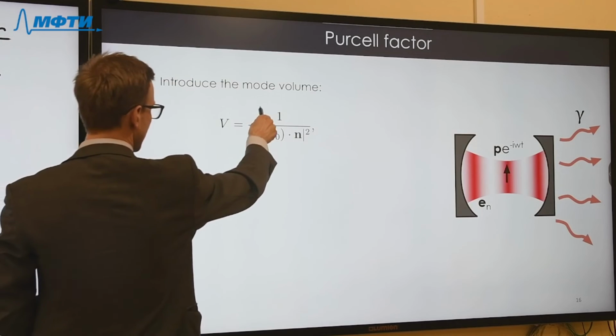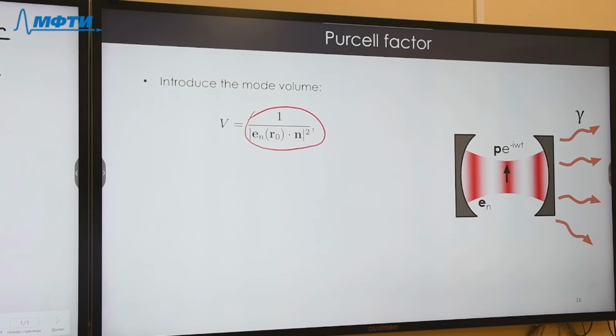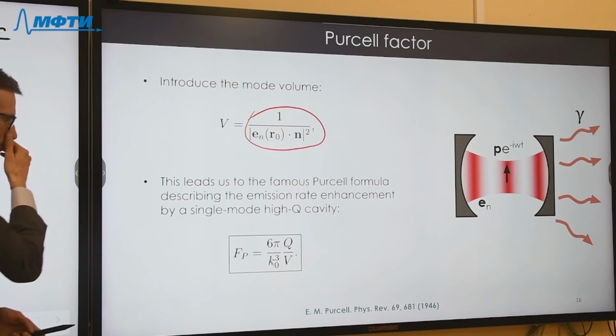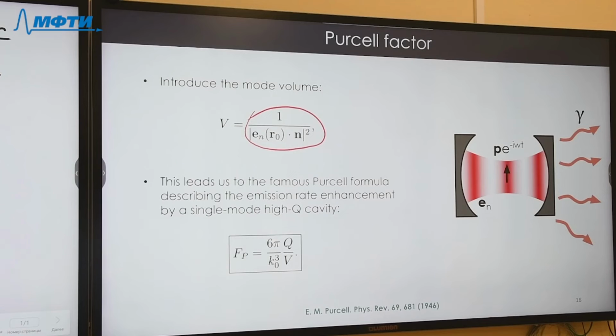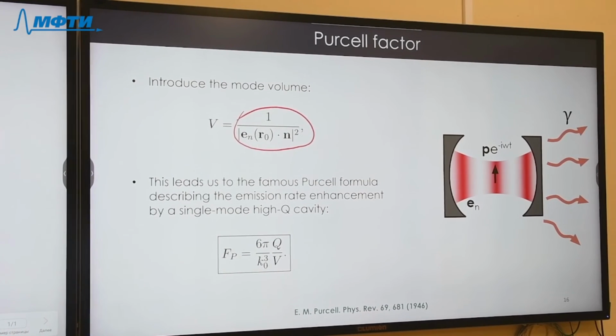And so one final step, we introduce the following definition. We assign the inverse of this dot product to the so-called mode volume, V. The mode volume describes how well the cavity eigenmode is localized physically. So V describes the volume in space inside which the eigenmode is roughly contained.